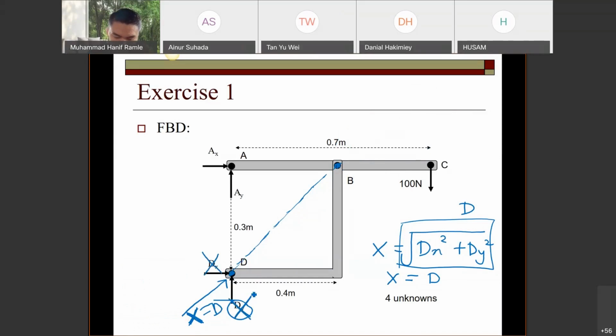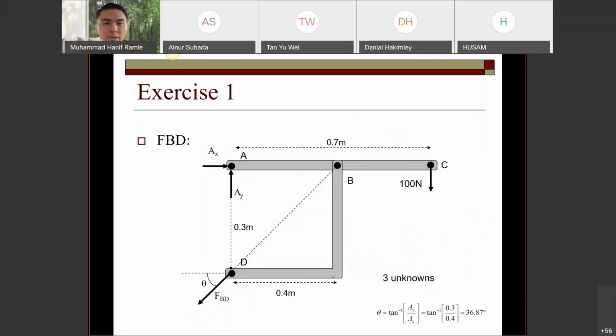The remaining unknowns are d, ax and ay. So after you use the two force member, from 4 unknowns, it will become 3 unknowns like this.